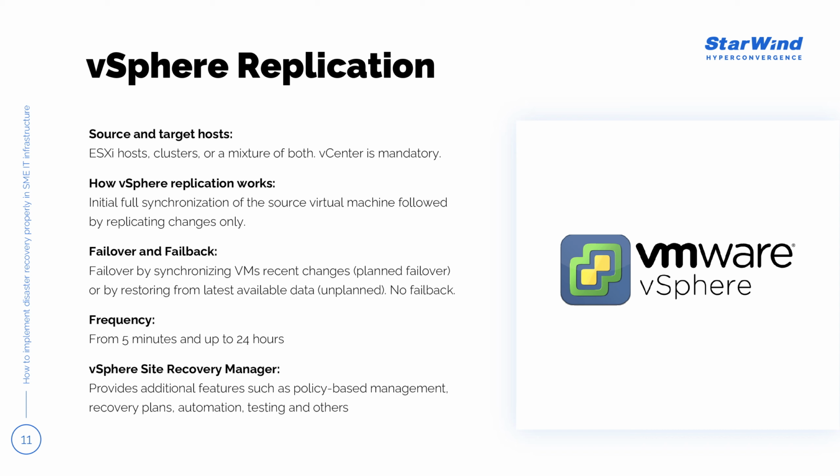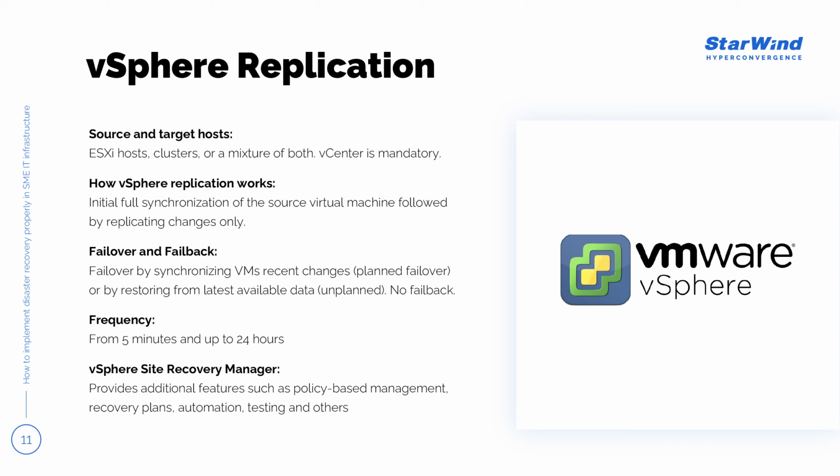What this means is that you can have, for example, a standalone ESXi host as a source in your primary data center and a standalone ESXi host as a target. But both these should be under vCenter license. So in any case you configure vSphere Replication, vCenter is always mandatory.